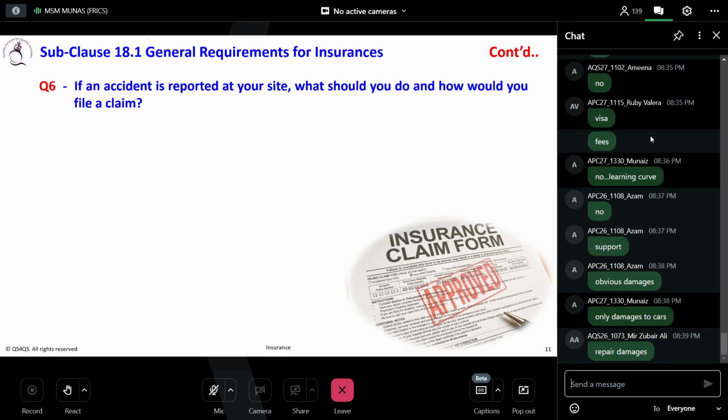Or sometimes, the most common claim I have seen, a small claim happening at site, is that the security gate or the pole we have at the security is damaged by a vehicle. Now let's say any damage happens at the site. What do you do? Can anyone explain, if you have experience?